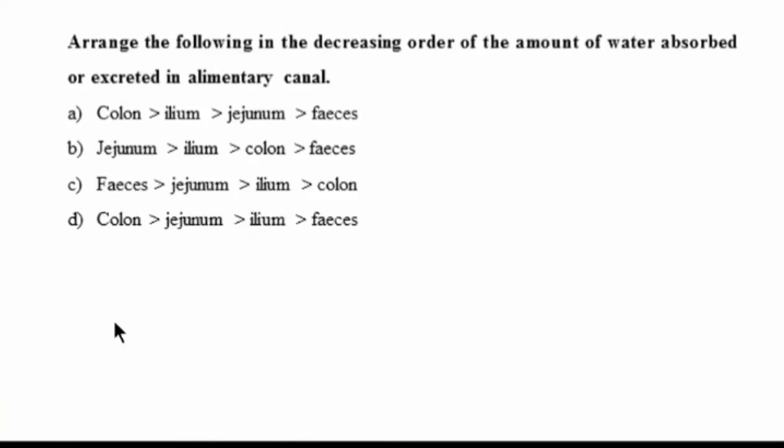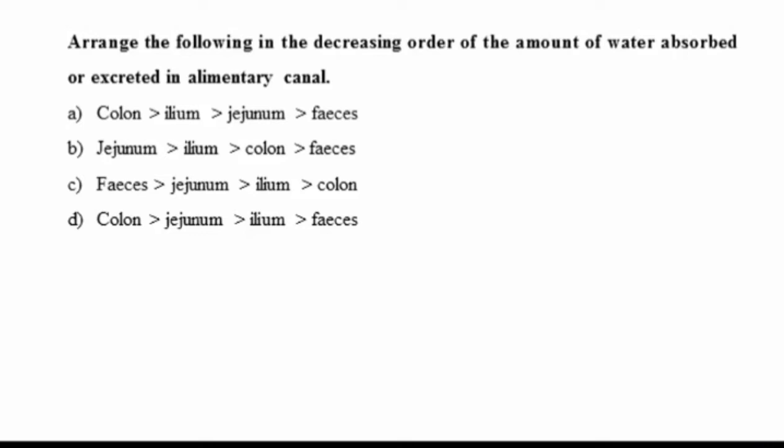The next question is, arrange the following in decreasing order of amount of water absorbed or excreted in alimentary canal. We know intestine is the most important part of digestive system where much of the digestion and absorption of food takes place. As we know that parts of small intestine in descending order is duodenum, jejunum, ileum.